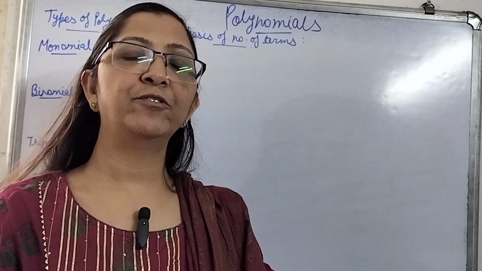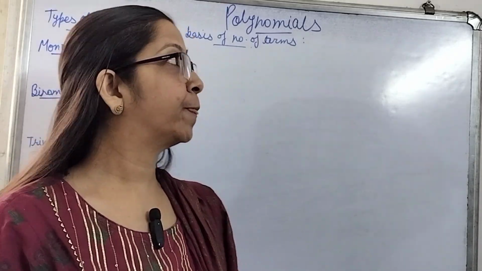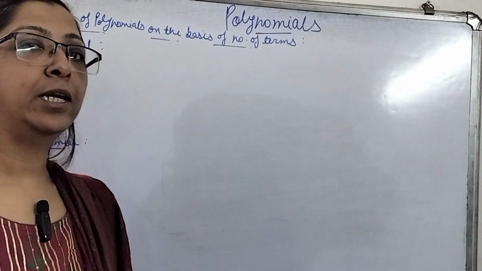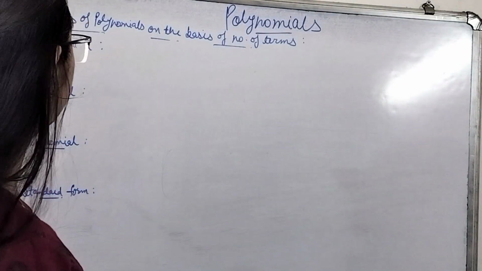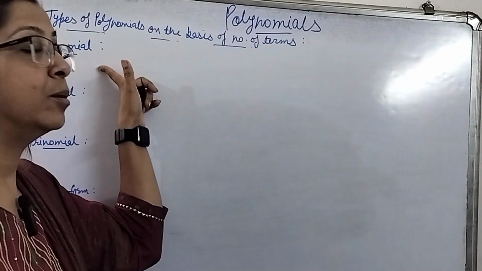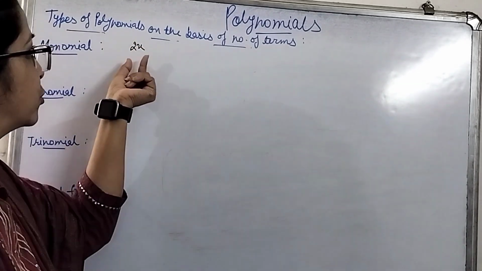Now let's understand various types of polynomials on the basis of the number of terms. First is the monomial. If in the polynomial the number of terms is 1, if there is only one term in the polynomial, then such polynomials are known as monomials. An example could be 2x. It is only one term.